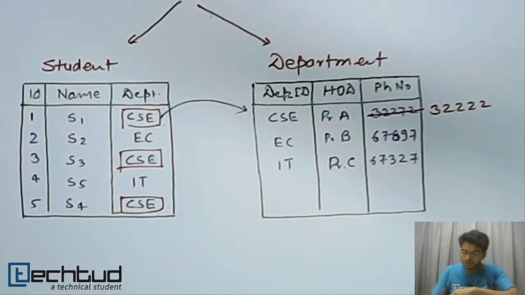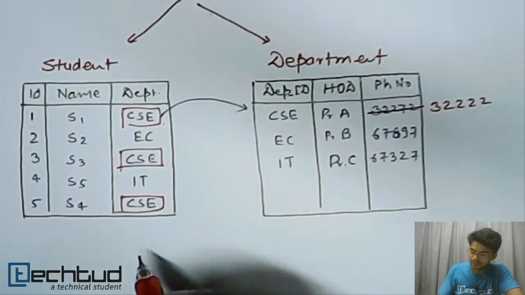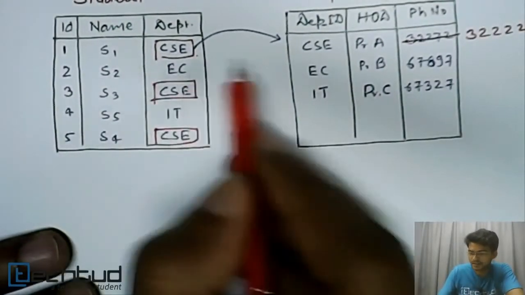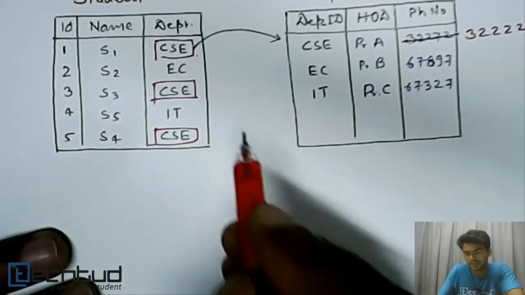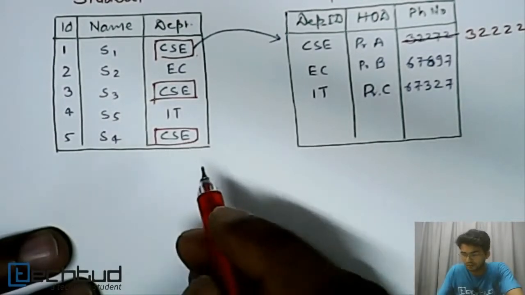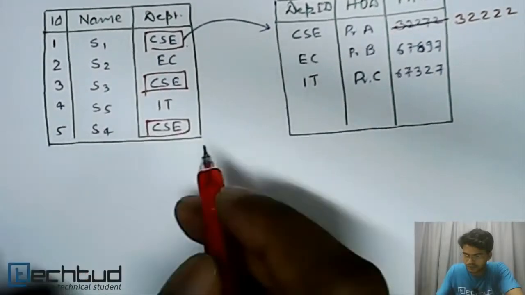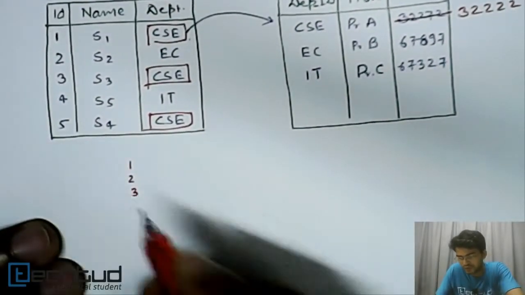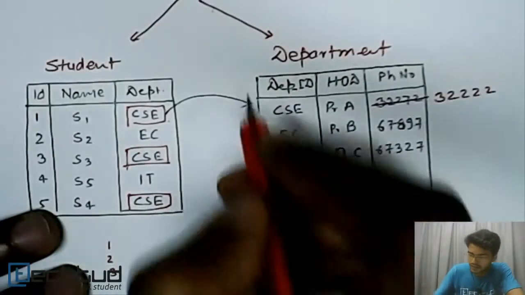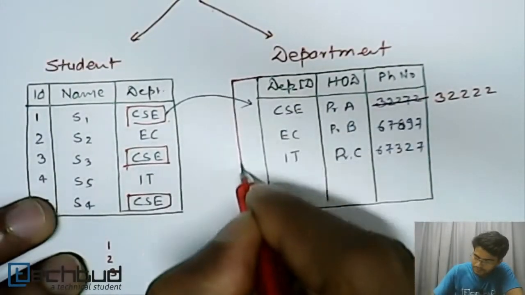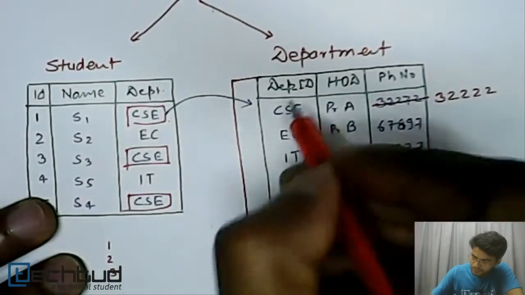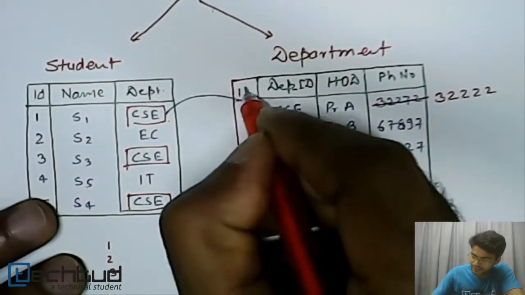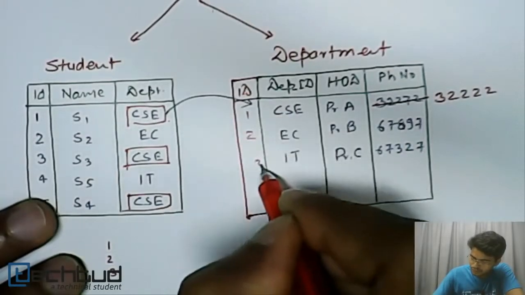Now there is a good practice in general. Rather than storing the ID as, let's say, computer science, CSE, EC and so on, for each department and student we keep the ID as numeric values, that is 1, 2, 3. So for this department ID, rather than CSE and so on, we will keep the ID as 1, 2, 3 and so on.